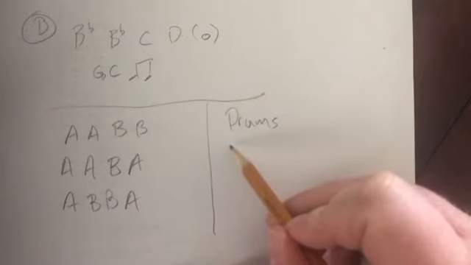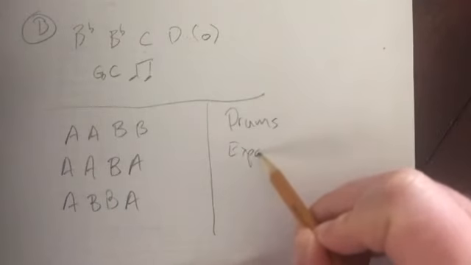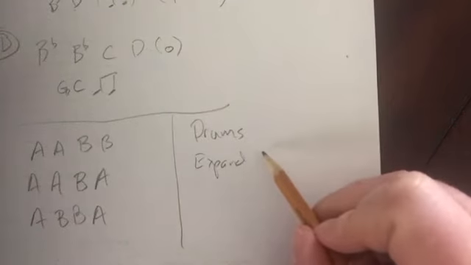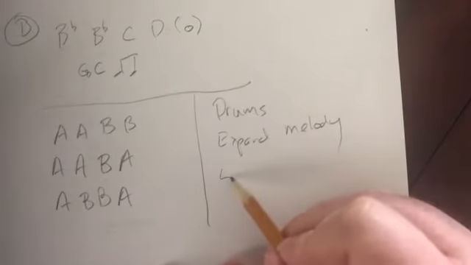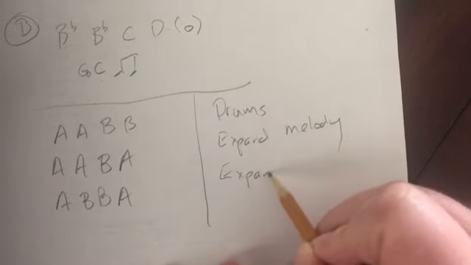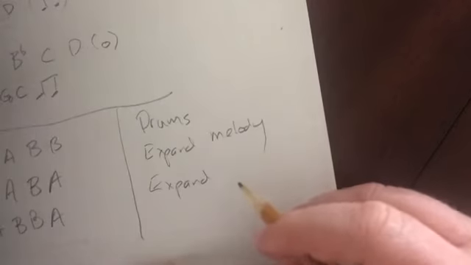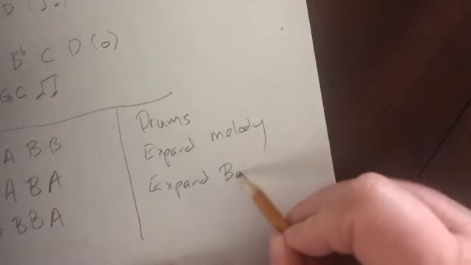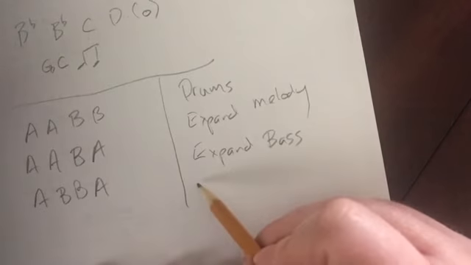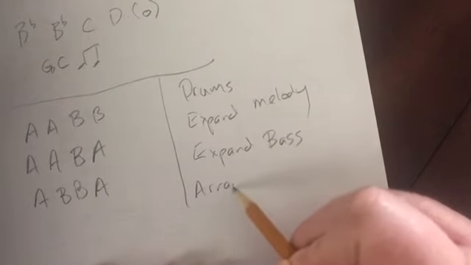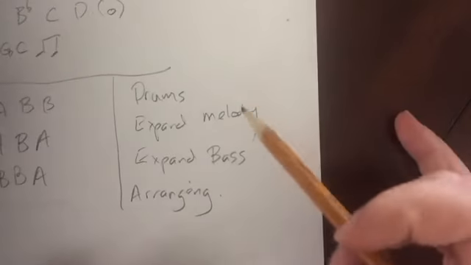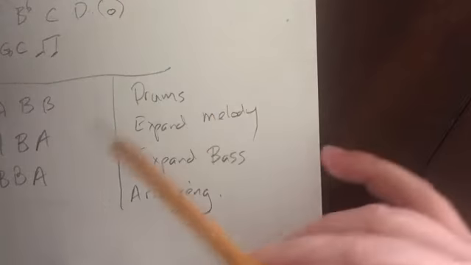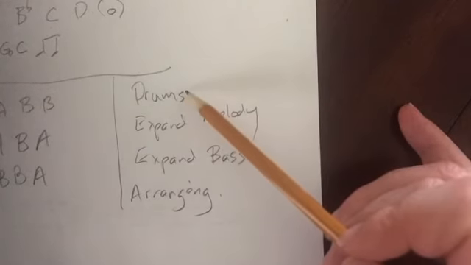We're going to expand ideas and variations on the melody. And we're going to expand ideas on the bass. And then we're going to talk about arranging. So after you've done this, you can add some kind of a drum beat.